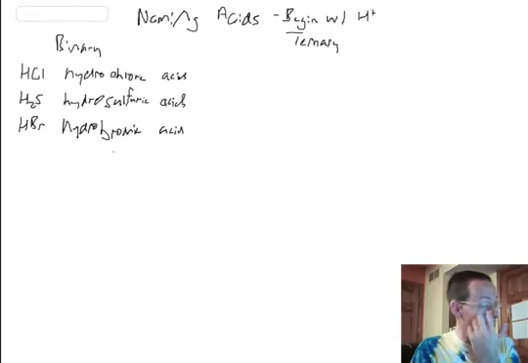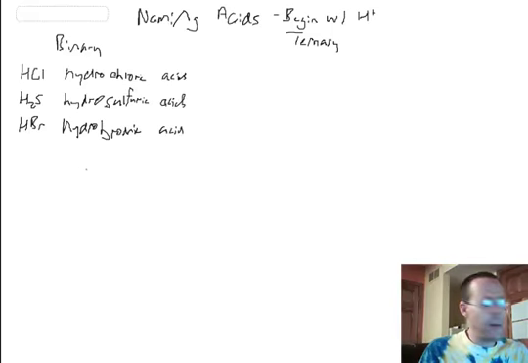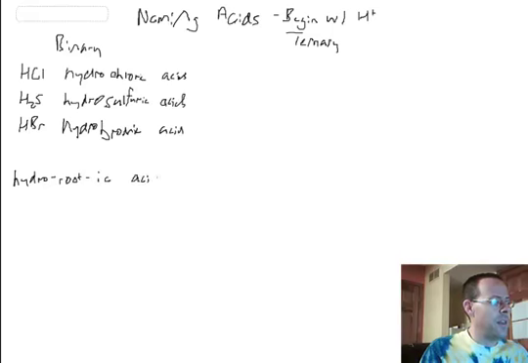To summarize naming, if we have binary compounds, we add the prefix hydro, followed by the root of our anion, then ic, and we end that with acid. So HI would be hydroiodic acid, HF, hydrofluoric acid, and so on.